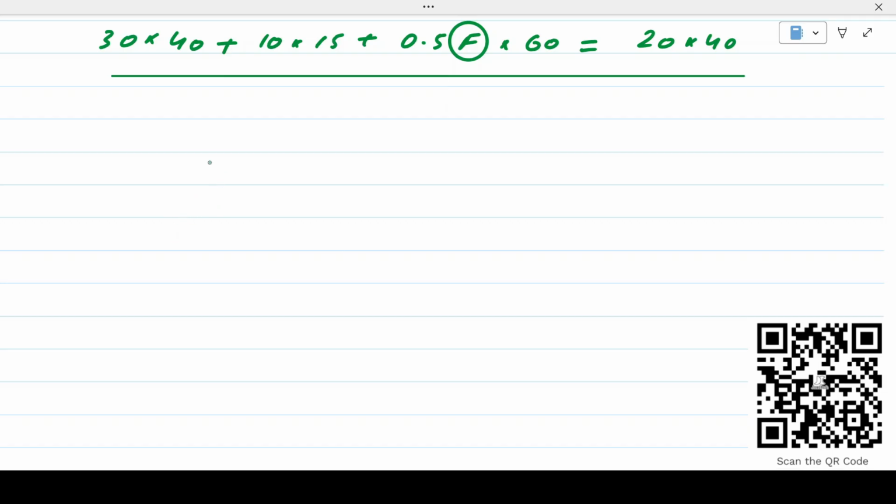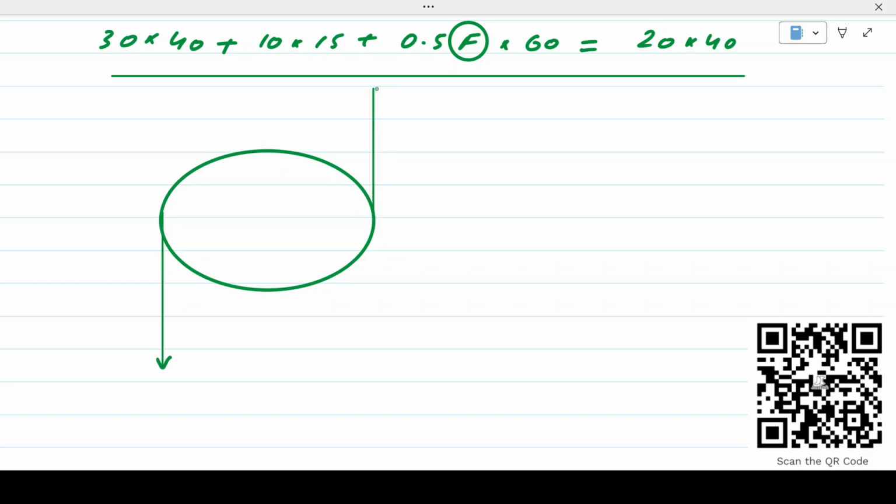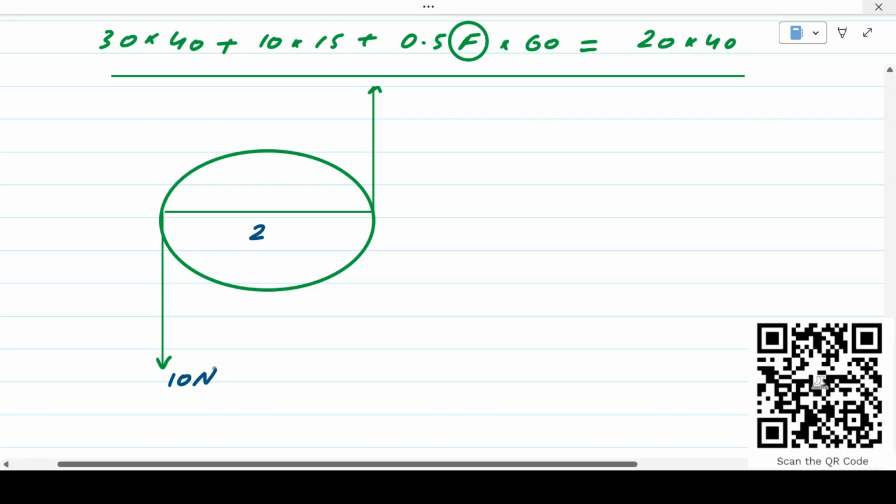For the torque of a couple, let's say you have a pair of forces. The two forces should be equal in magnitude, opposite in direction, and they must not be passing through the same point. They should be passing through different points. Let's say the distance between them is 2 centimeter, and both forces are, let's say, 10 Newton.